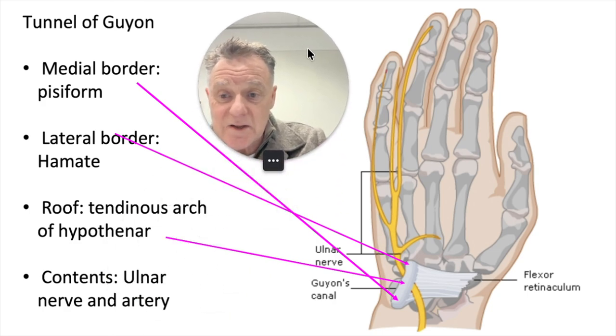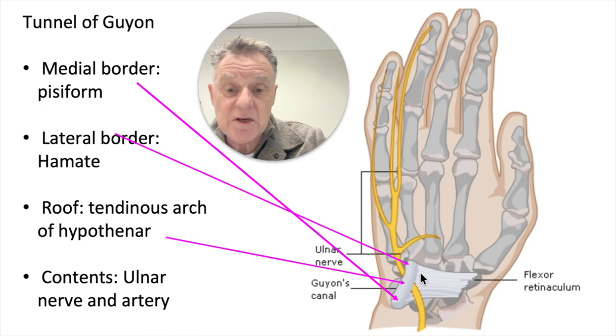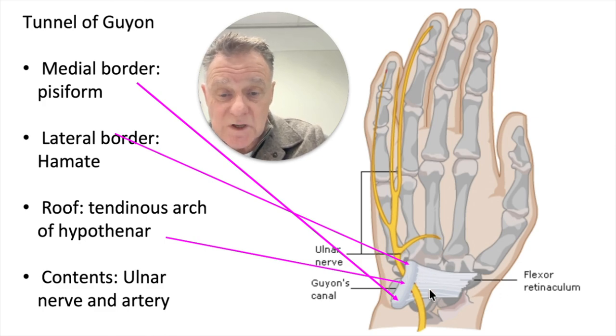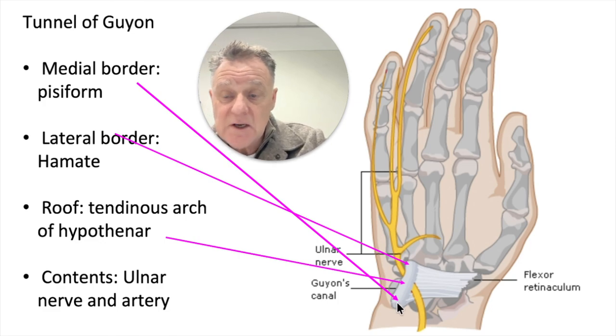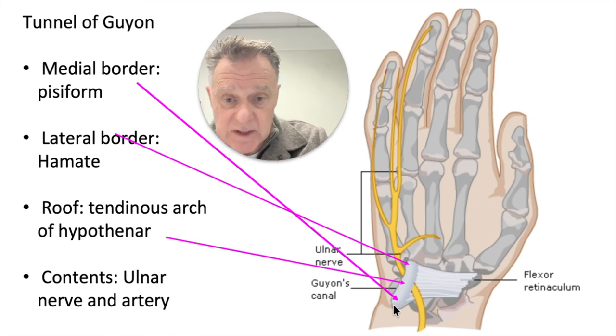But within the carpal tunnel, distally there's also another tunnel, made up of a fascial connection, what's known as a tendinous arch of the hypothenar, which connects the pisiform medially and also the hamate, specifically the hook of the hamate, laterally in the hand.